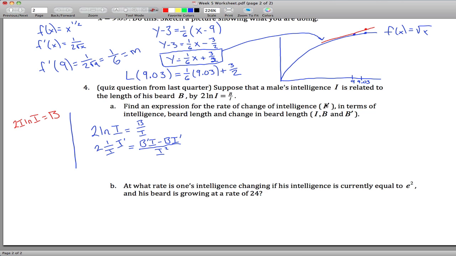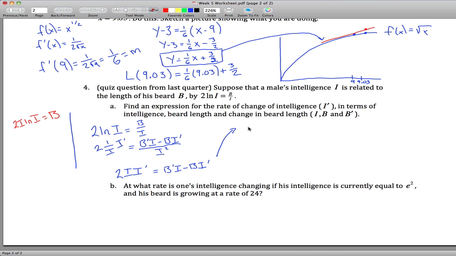Then we want to solve for I prime. So let's see, maybe multiply both sides by I squared to get rid of the fraction. That'll give you I squared over I on this side, which is just I prime. And then on this side, you got B prime I minus B I prime. And now we're at a point where we can get all the I primes on the same side of the equation.